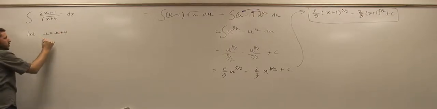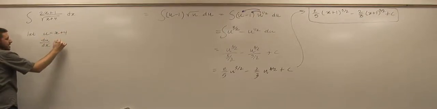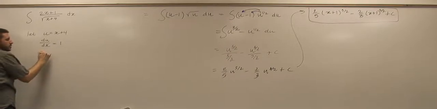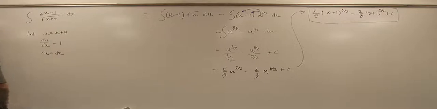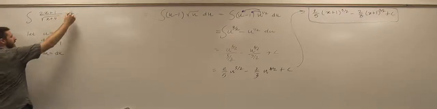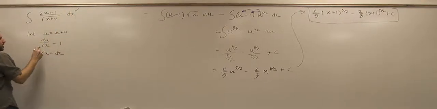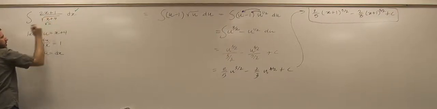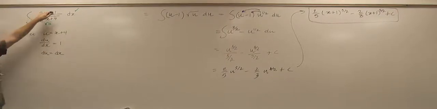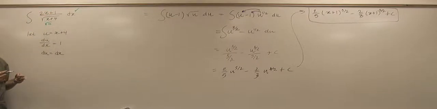That makes du dx equal to 1 again, so du just equals dx. So we're in the situation where, again, the dx is accounted for, and the square root is accounted for, because this is just root u. But we haven't done anything with the 2x plus 1.